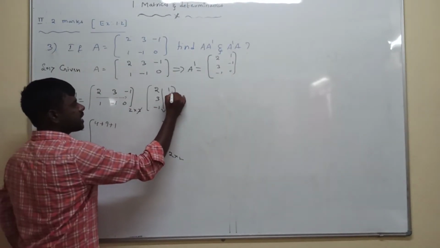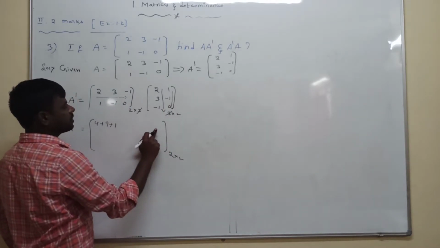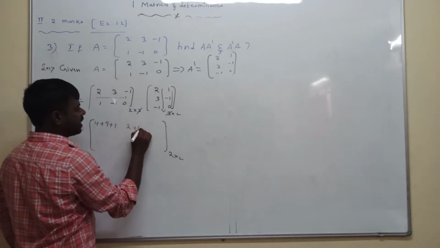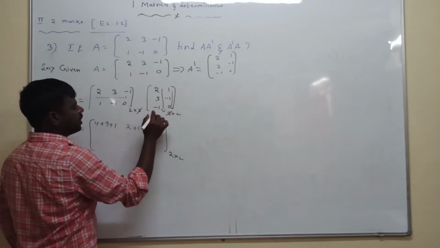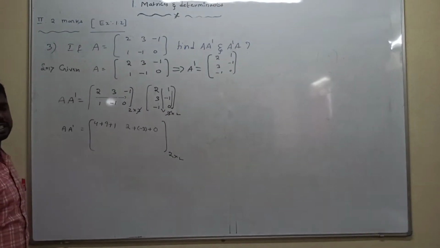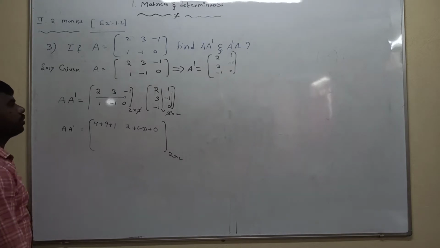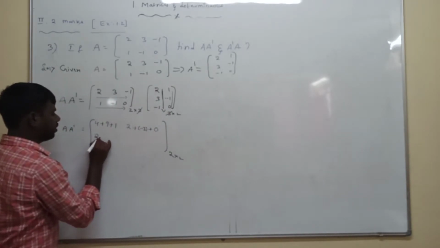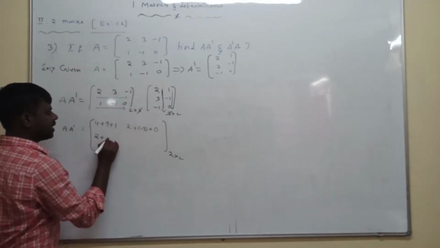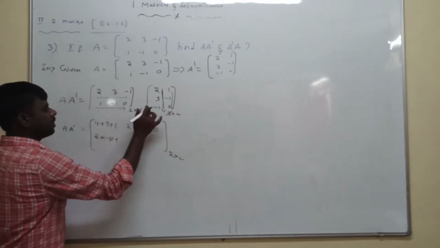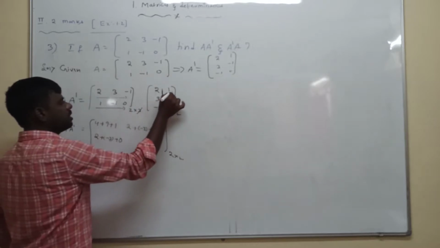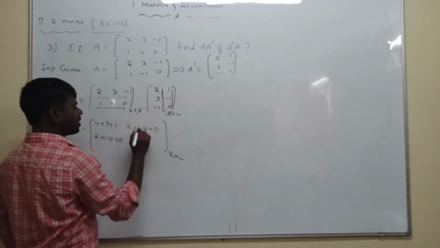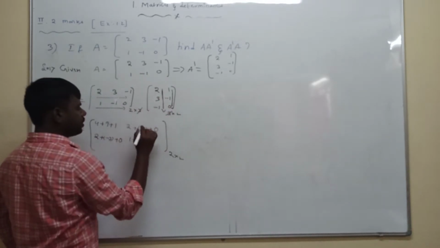Next first row, second column: 2 into 1 is 2, plus 3 into minus 1 is minus 3, plus minus 1 into 0 is 0. After that second row, first column: 1 into 2 is 2, plus minus 1 into 3 is minus 3, plus 0 into anything is 0. Second row, second column: 1 into 1 is 1, plus minus 1 into minus 1 is plus 1, plus 0 into 0 is 0.